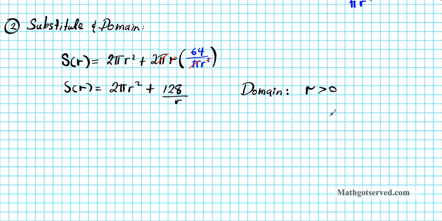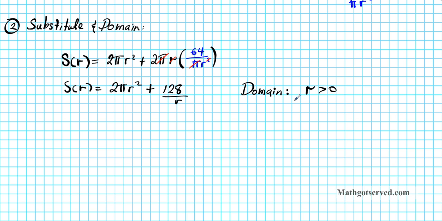Now how big can r be, or how small can r be as long as it's bigger than 0? Now if we get infinitely close to 0, what happens is that this term right here gets really, really small, and this term dominates. As r approaches 0 from the right, this term approaches infinity, and this term approaches 0. So this term dominates. It gets infinitely large.